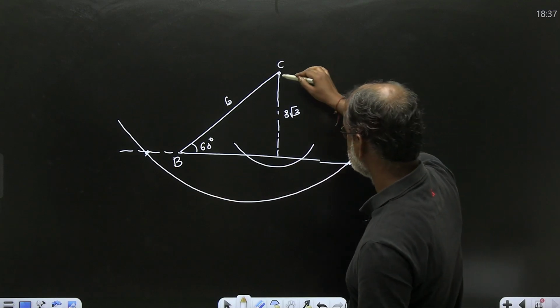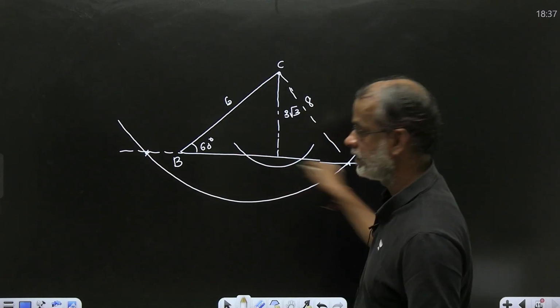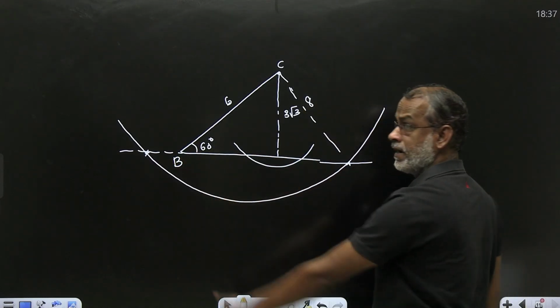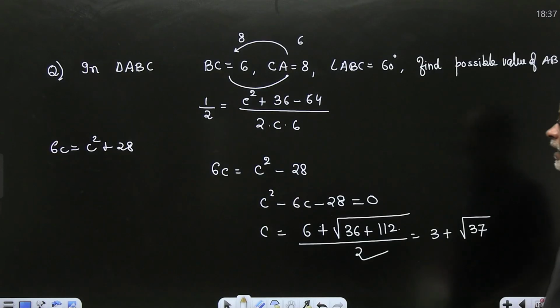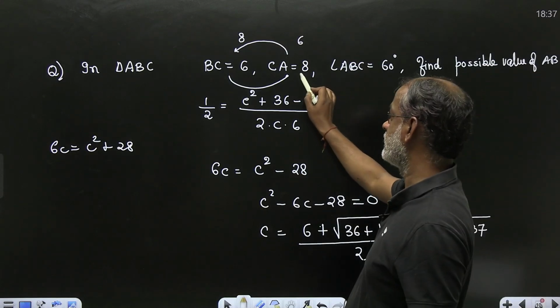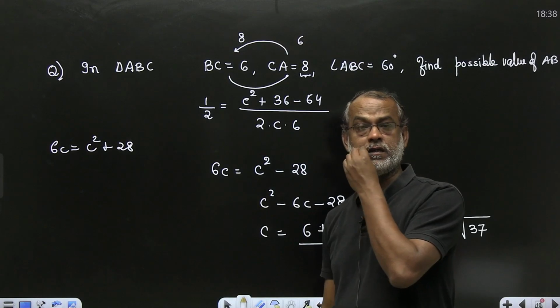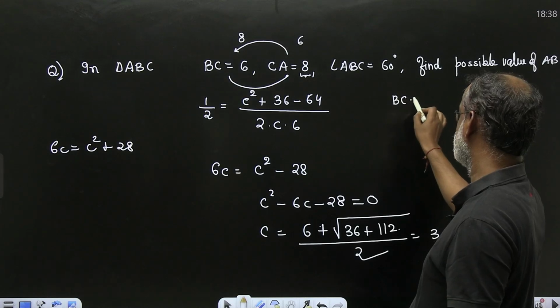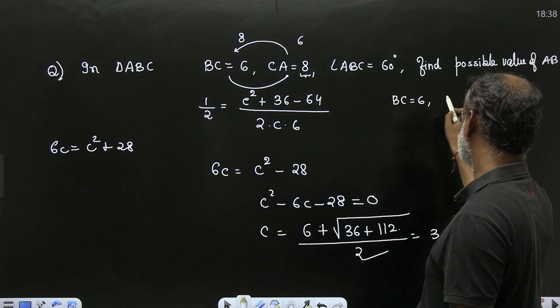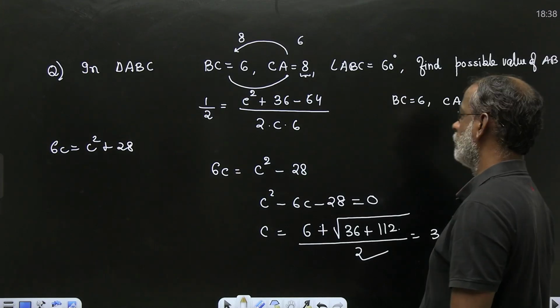So this is 6. This is 8. And this is 3 plus root 37. That is 3 minus root 37. So had this side been less, suppose BC is 6, CA is 11 by 2.